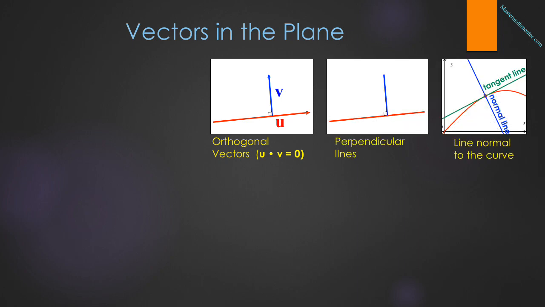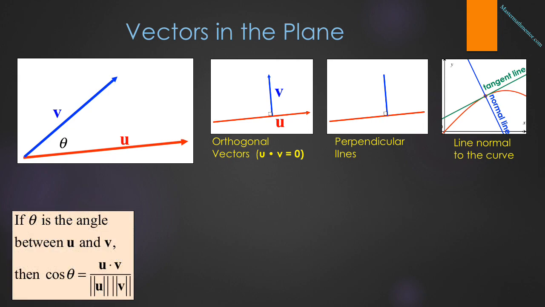Orthogonal, perpendicular, and normal all have the same connotation. However, we say that vectors are orthogonal to each other, lines are perpendicular to each other, and a line is normal to the curve. So in the third picture, we see the curve in red, we see the tangent line in green, and the line normal is perpendicular to the tangent line, and we call that normal.